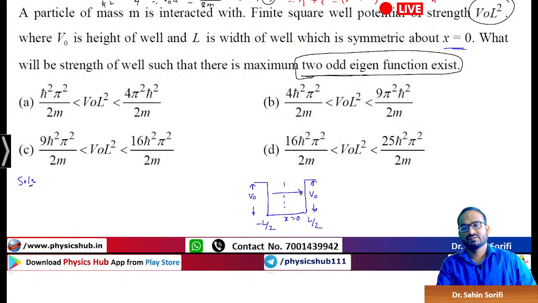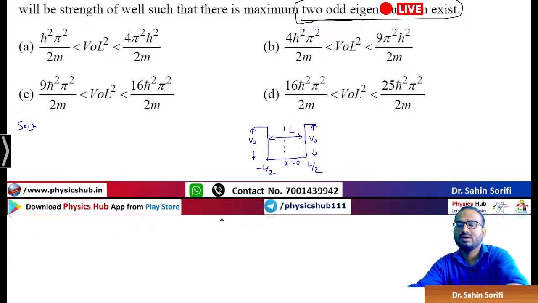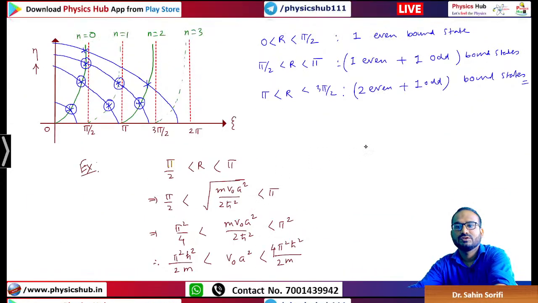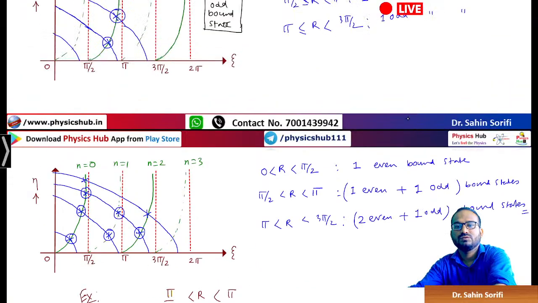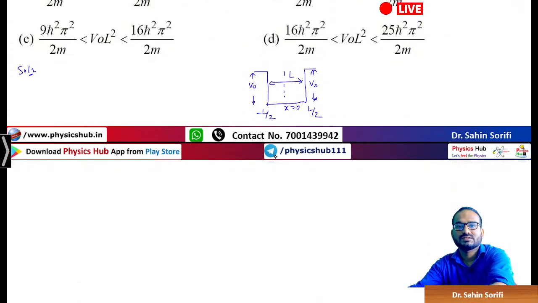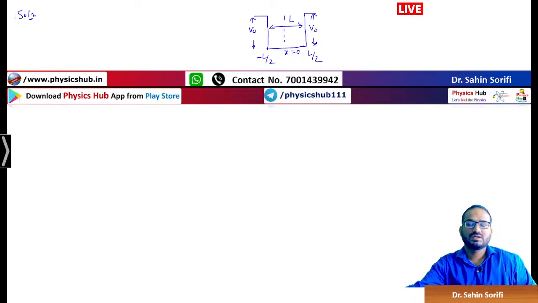So this width is L. So 2 odd eigenfunctions will exist. Under which condition are 2 odd eigenfunctions there? One even, one odd, 2 odd. You see, let's draw this to get the condition of 2 odd solutions.